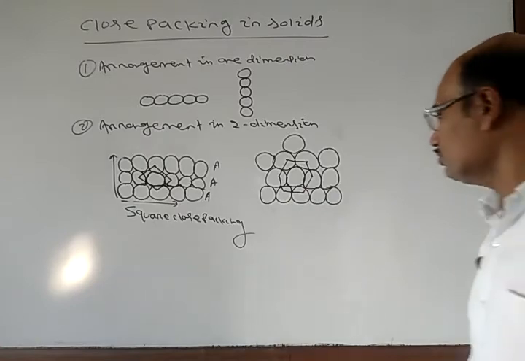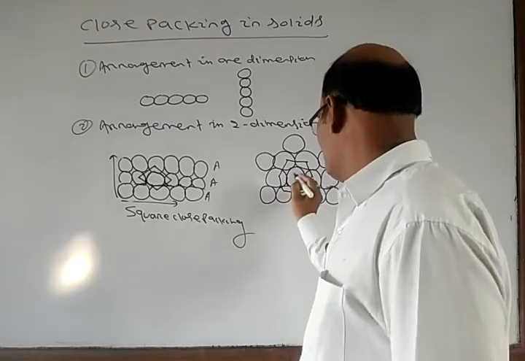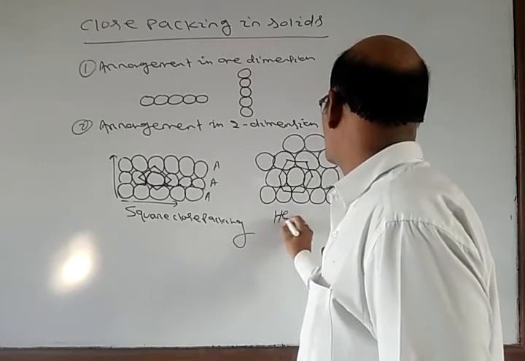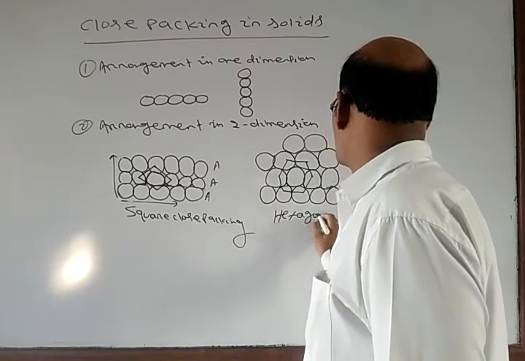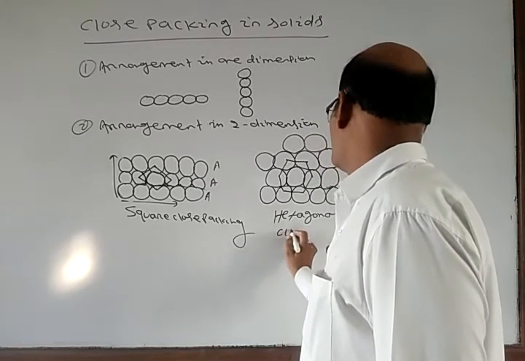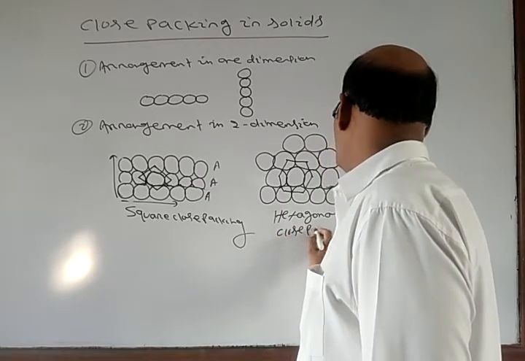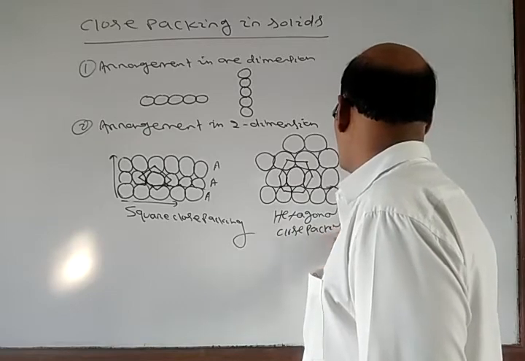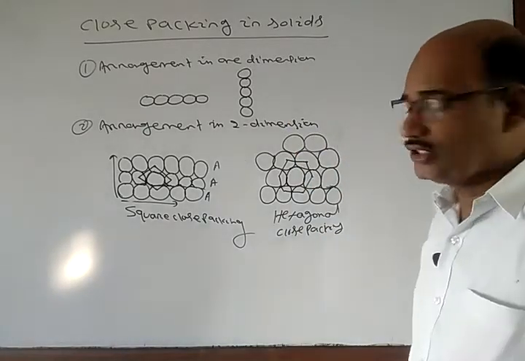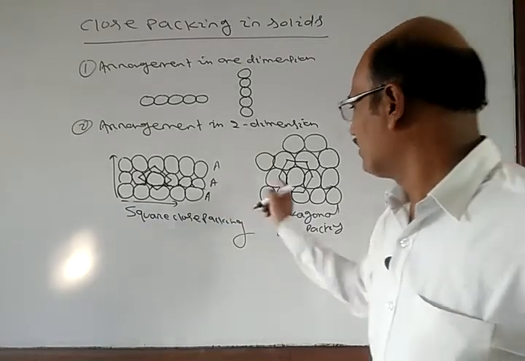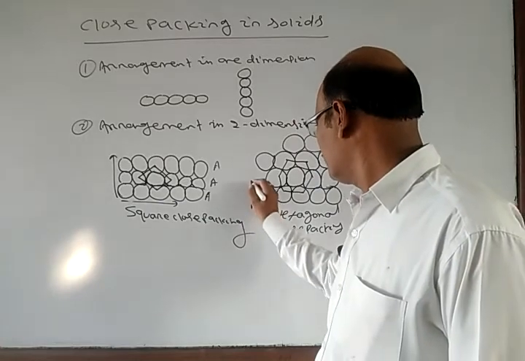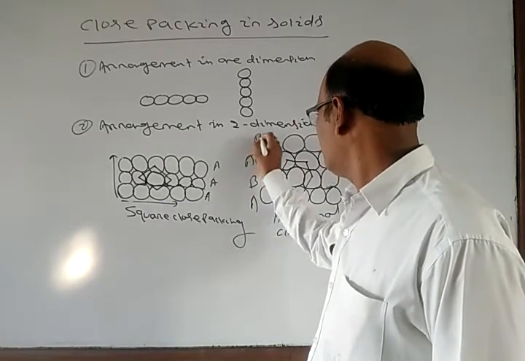So this is called the hexagonal arrangement, hexagonal close packing. So in 2 dimension we have these 2 types of arrangement. Here A, but here A, B, and so on.